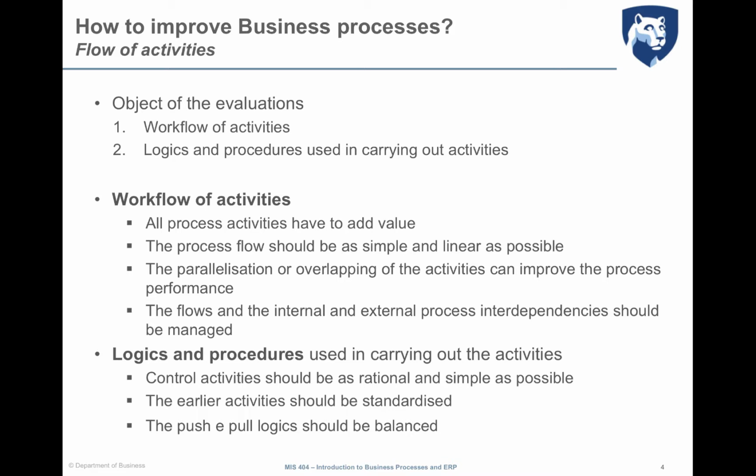For example, parallelization and overlapping can be very useful to improve the overall duration and time performance of the process. If one of these conditions is not verified, a good suggestion is of course to review the flow of the process and the logic sequence of activities, starting from, for example, the business process diagram that we have learned to design using some modeling tools.